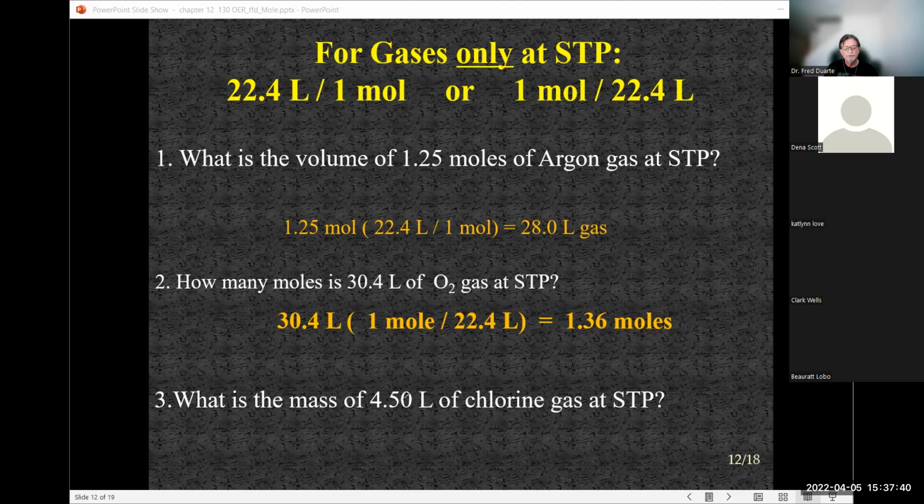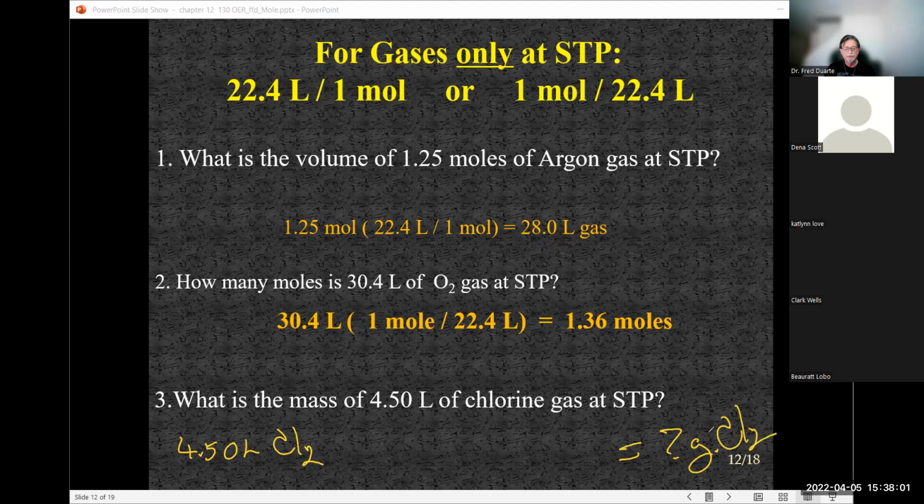All right, so what is the mass of 4.5 liters of chlorine gas at STP? And so we have 4.50 liters of chlorine gas, okay, and we need to know what is the mass, so that's how many grams of chlorine.